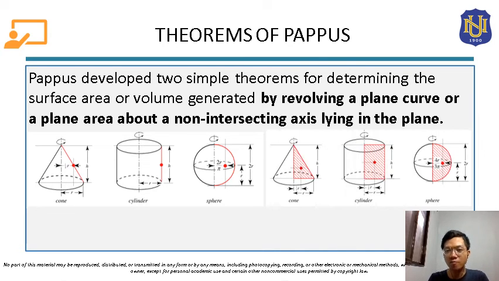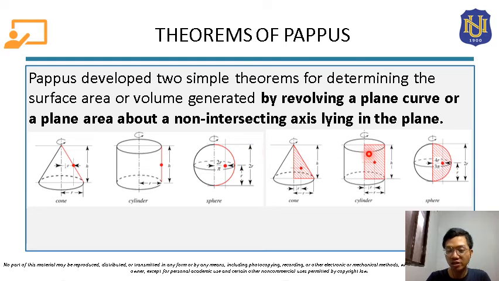Similarly, for a plane area, if we revolve a plane area about a non-intersecting axis, it will generate a volume. For this plane area, this is a triangle. If you revolve this triangle about the y-axis, it will produce a cone.